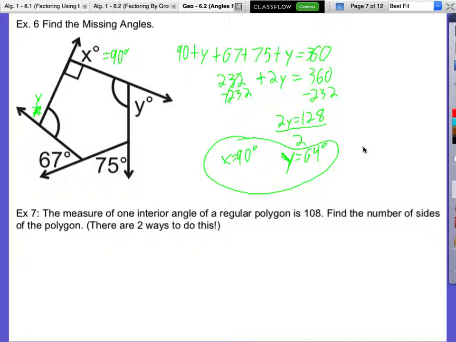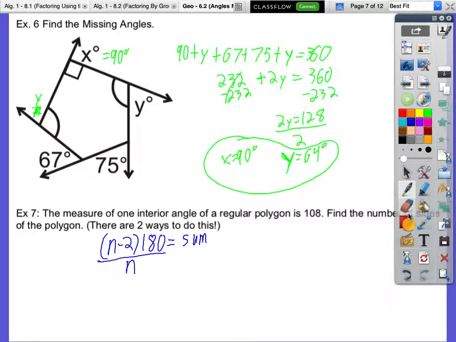So here's one way we could do this. We know that n minus 2 times 180 will be the total sum of the interior angles, right? So what if we divide this by n? Would we get each individual angle?